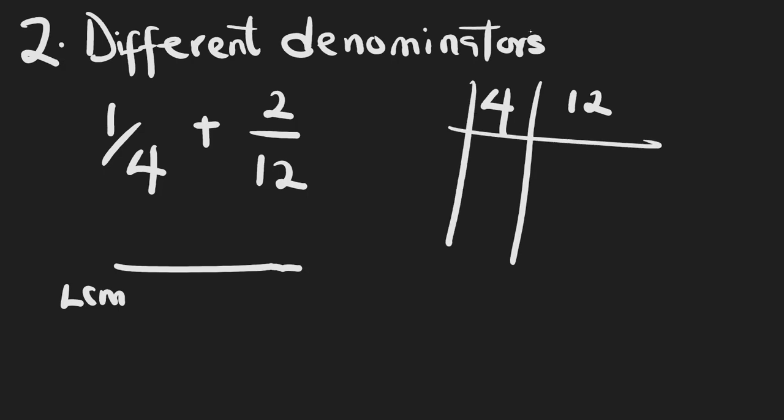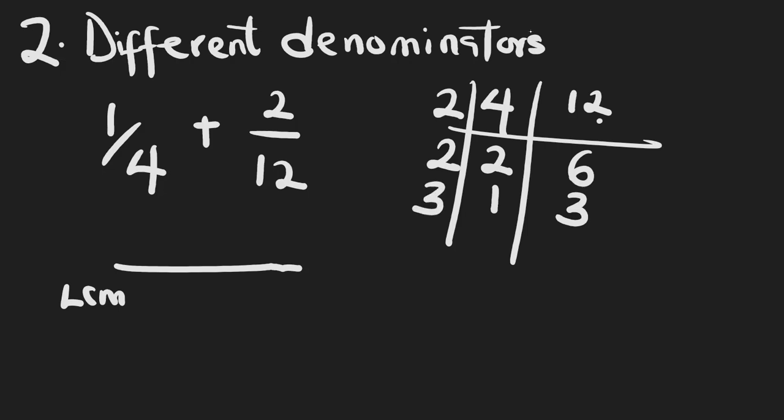So 2 can go here. 4 divided by 2 is 2. 12 divided by 2 is 6. Remember, we're using prime numbers. So 2 can still go. 2 divided by 2 is 1, and 6 divided by 2 is 3. Is there a number that 2 can divide? No. Check the next prime number, which is 3. 3, of course, can divide.